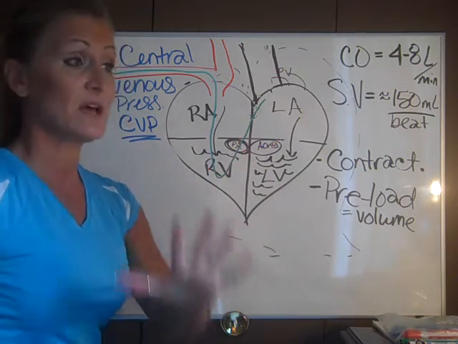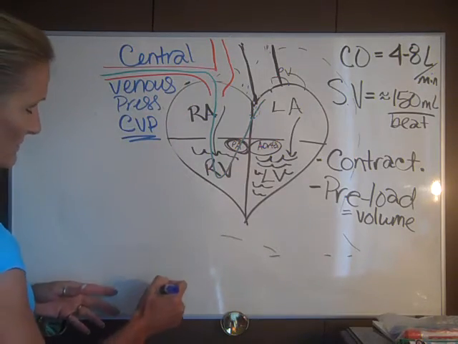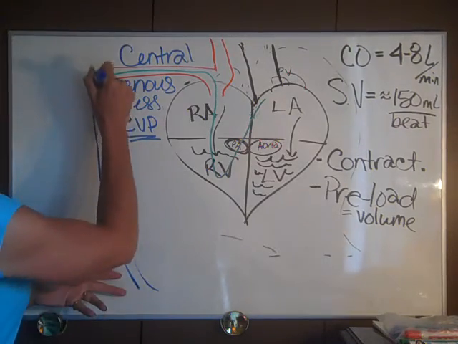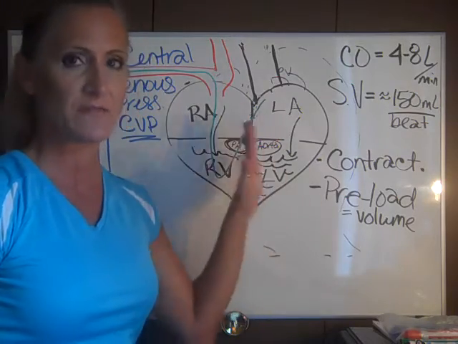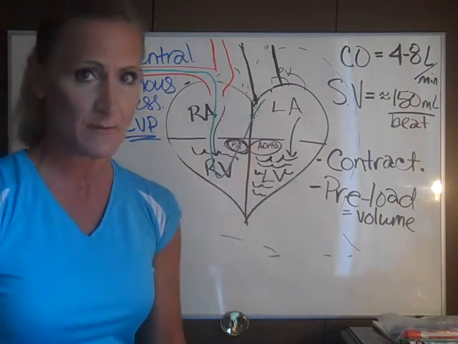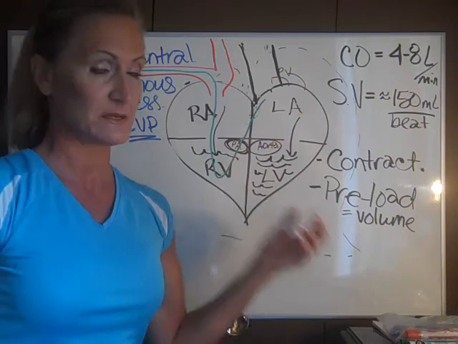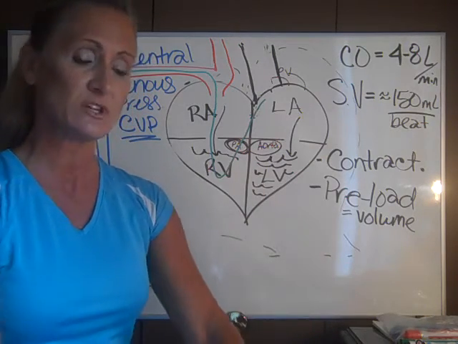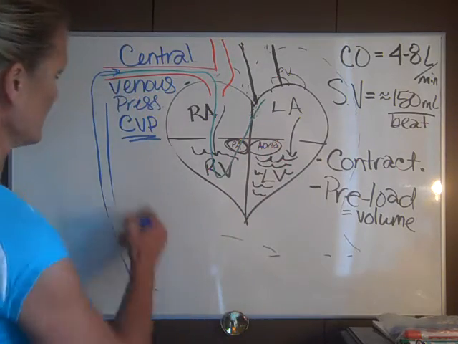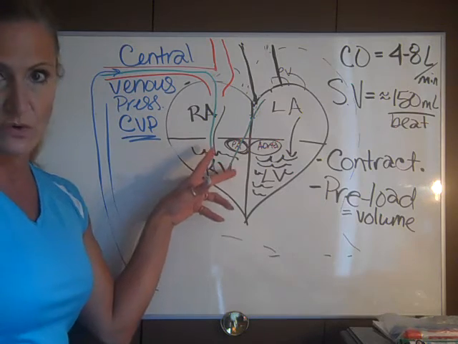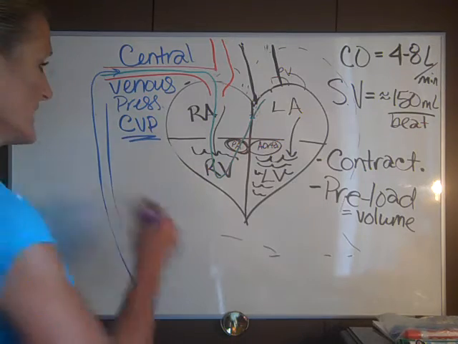Central, venous, veins on the venous side: it's a measure of the veins coming up into the system, and a measure of fluid on the right side of the heart and in the venous system. You don't have a lot of pressure in the venous system. You don't need a lot of pressure in the venous system. You're not getting blood anywhere. You are returning all of the blood that has the carbon dioxide in it. So it's coming up here, getting dumped back into the right side of the heart. That's your central venous pressure, and it's low.